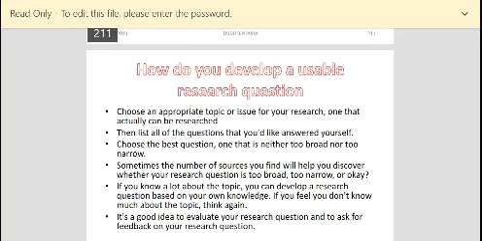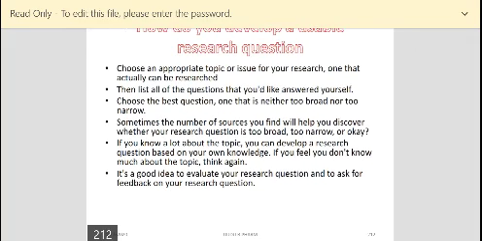So let's go to how to develop usable research questions. Choose an appropriate topic or issue for your research, one that actually can be researched. Then list all of the questions that you would like answered yourself. Choose the best question, one that is neither too broad nor too narrow.